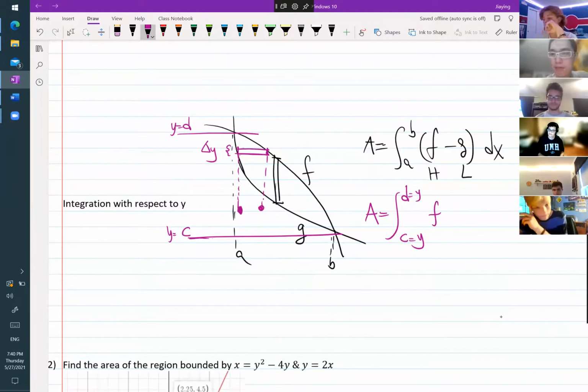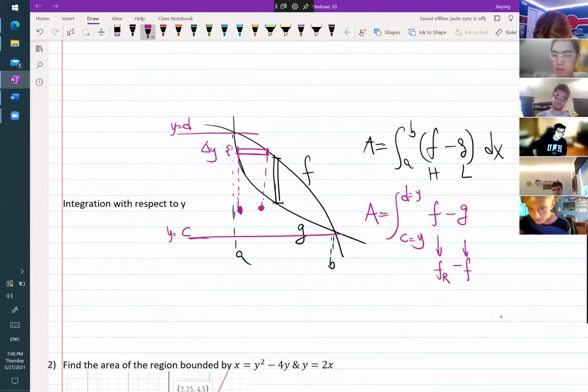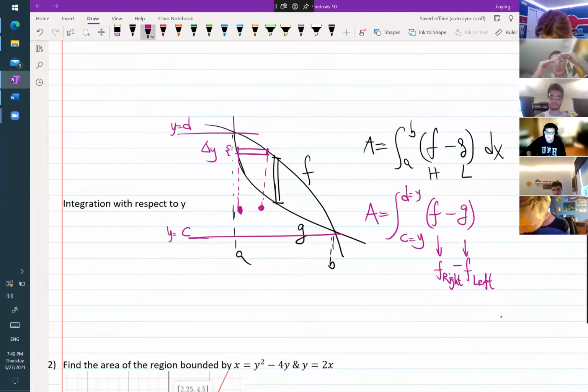So that's f minus g, but we use f minus g here because this is the function on the right minus the function on the left. The L here means left. And then the variable here is not dx, it's dy.